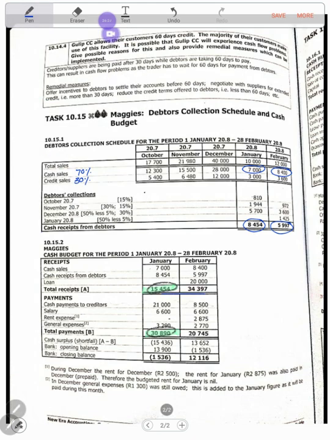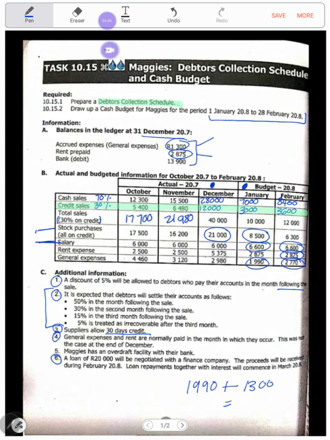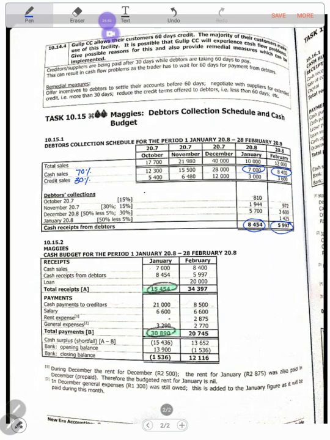So 15,454 subtract 30,890 will give us a negative 15,436. Remember, I had an opening balance. The closing balance for the 31st of December will be our opening balance in January, 13,900.